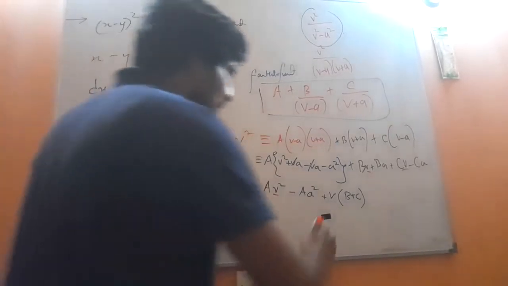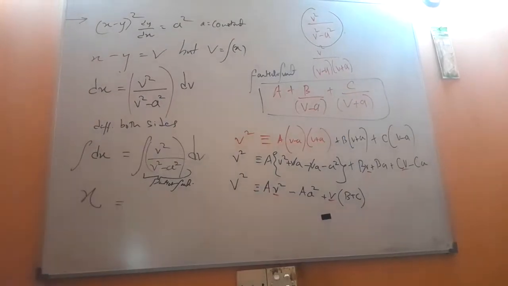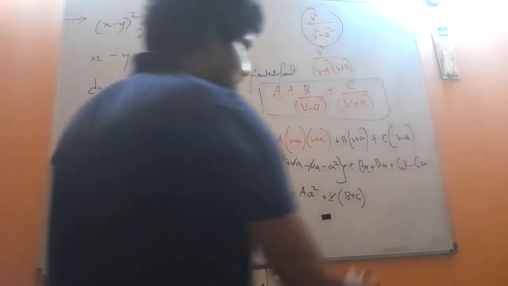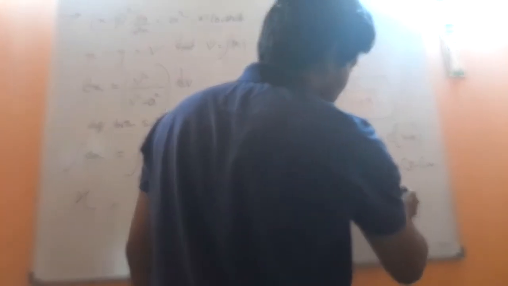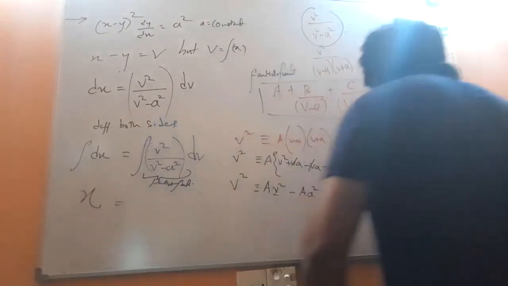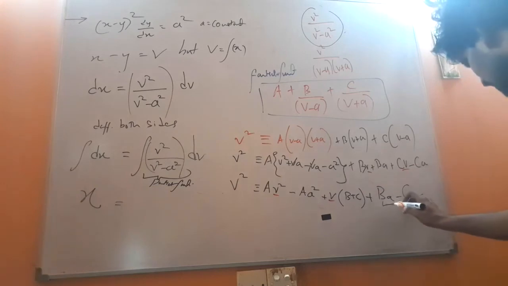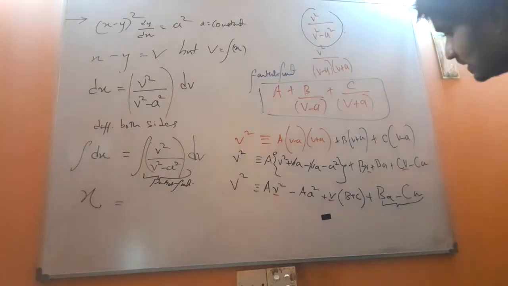So here you can highlight this v part, and after that we are getting a constant term which is ba, plus, it's not plus, ba minus ca. This is the constant term.